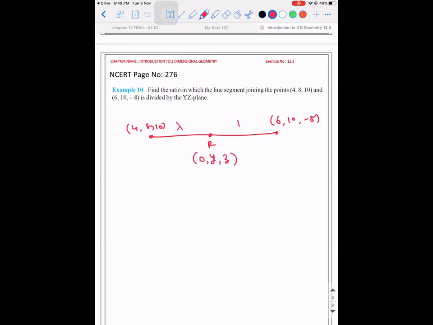So let the ratio in which the line segment is divided by the point 0, y, z be lambda is to 1. Then lambda into 6 plus 1 into 4 divided by lambda plus 1, mx2 plus nx1 by m plus n, should be equal to how much?